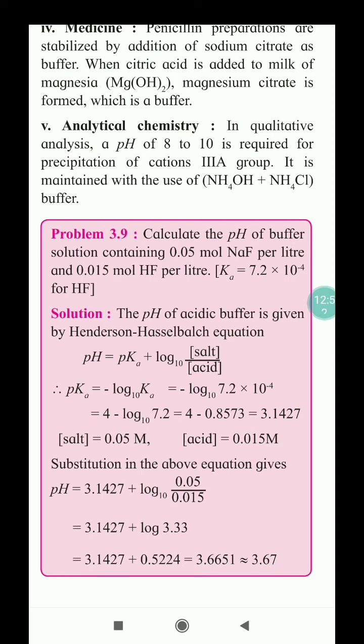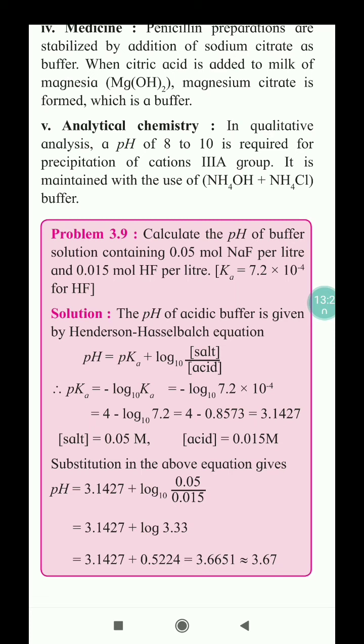Calculate the pH of a buffer solution containing 0.05 mole of sodium fluoride per liter and 0.015 mole HF per liter. Here the salt is NaF, the acid is HF, and Ka for the acid HF is given. So pH can be calculated.